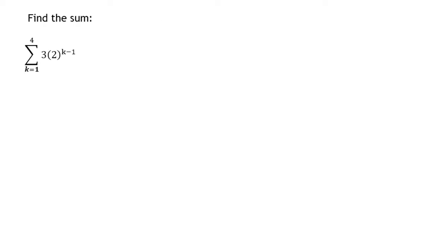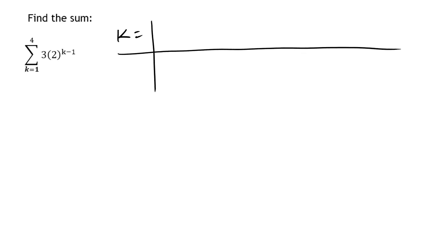So we're going to find the value of this particular series, and there's only 4 elements that are getting added together. K will take on the following values. K will equal the number, and I'll make a little table. K will equal 1. K will take on the value 2, 3, and then the last value of K is 4.